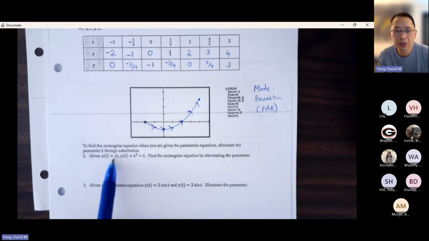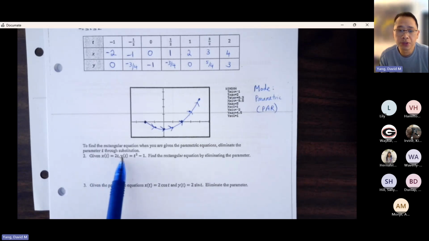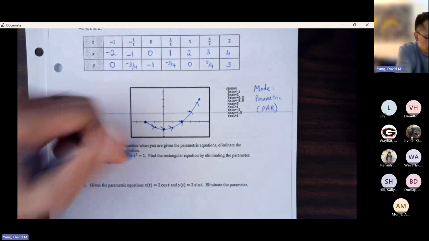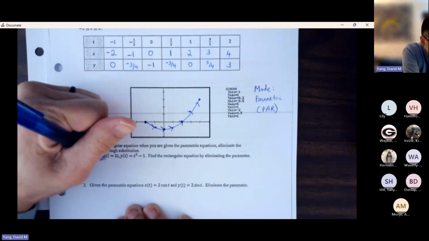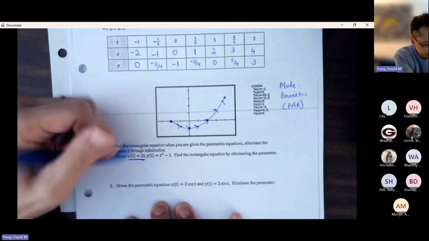So we just want to get our equation in terms of just x and y and remove the t variable. So we want to solve for t first. Choose the equation that is easier to solve for t. I'm going to choose this x equals 2t here. We don't have to worry about dealing with square roots if I choose this one. So we always prefer to choose the easier one to solve.